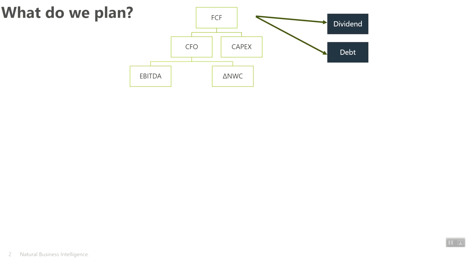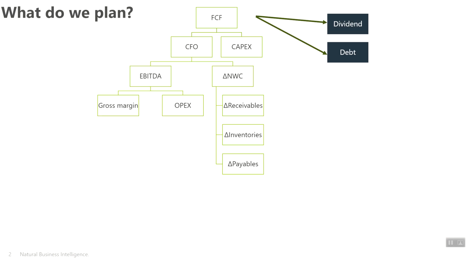So if we do a further drill down, cash flow from operating activities consists of EBITDA, or earnings before interest, tax, depreciation and amortization, and a change of net working capital. In order to plan these, for EBITDA we need to plan the gross margin or contribution, and the operating expenses.